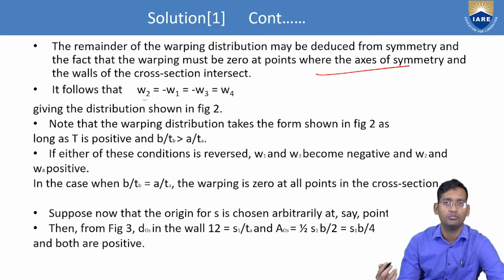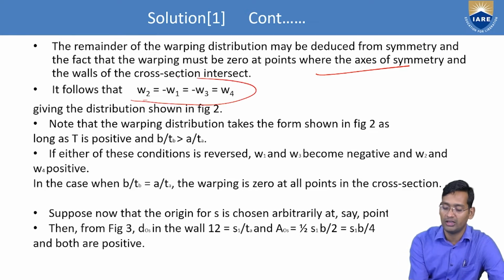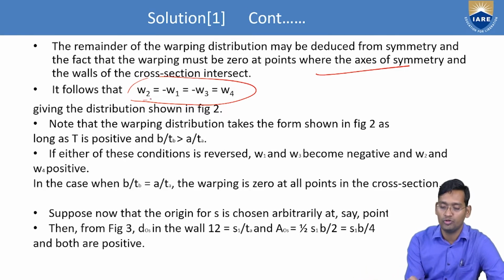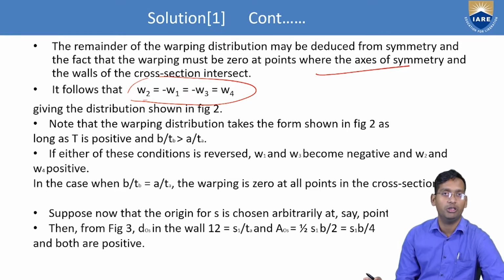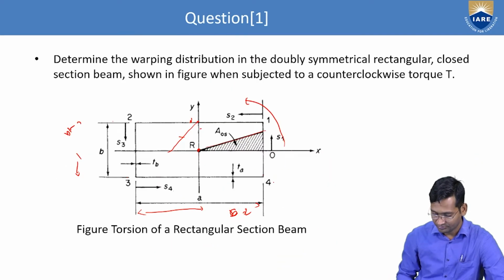Similarly, W3 plus W4 equals 0, so W4 equals minus W3, and W1 plus W3 will also be the same. So we can conclude W2 equals minus W1, which equals minus W3, which equals W4. So W2 and W4 are positive and W1 and W3 negative, with equal values, given the distribution shown in figure 2.